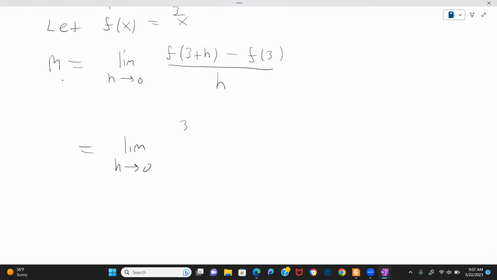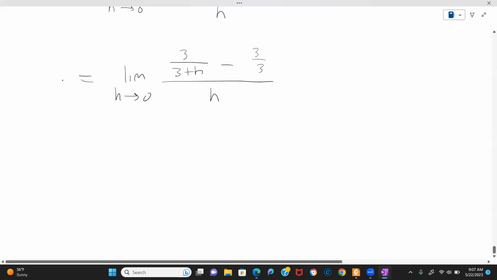So we get 3 over 3 plus h minus 3 over 3, all divided by h, and write this limit down.